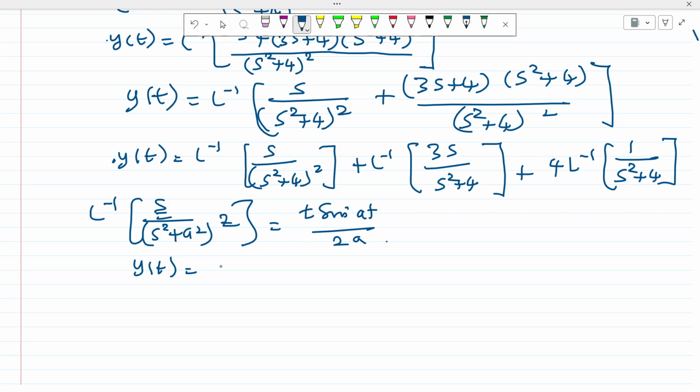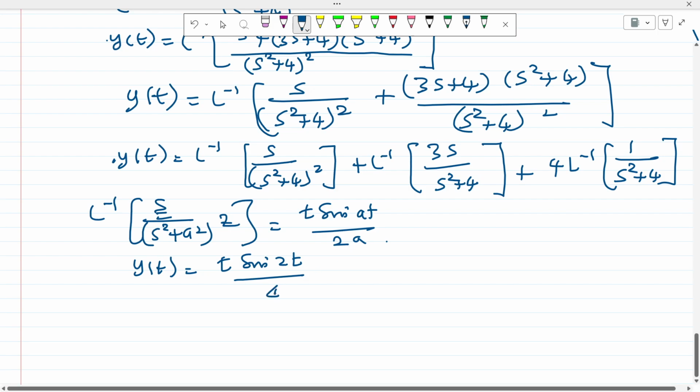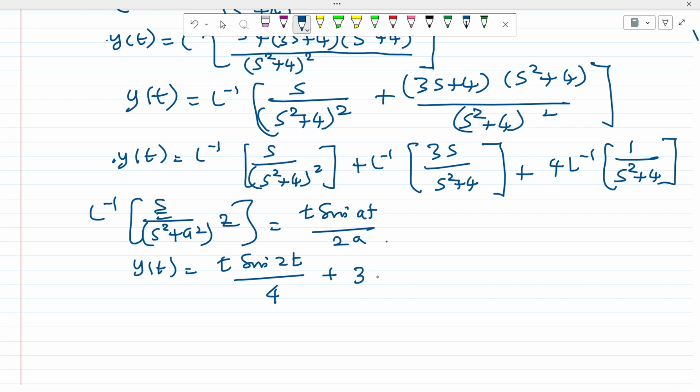So using this formula, we get y of t equal to, a is 2, na, here. Therefore t sin 2t divided by 4, because 2 into 2 is 4. Okay, plus 3 take it outside, L inverse of s by s square plus 4 is cos 2t, plus 4 into 1 by s square plus 4 is 1 by 2 sin 2t.